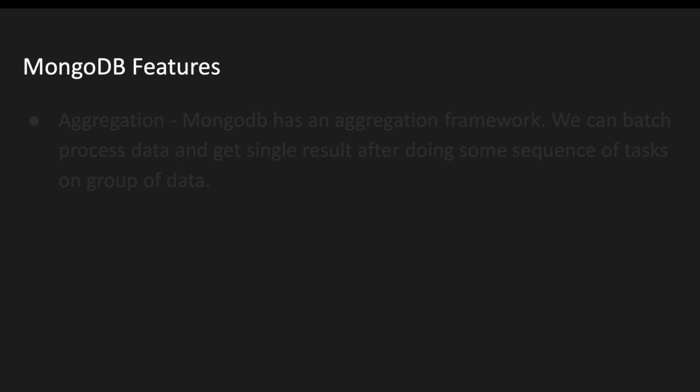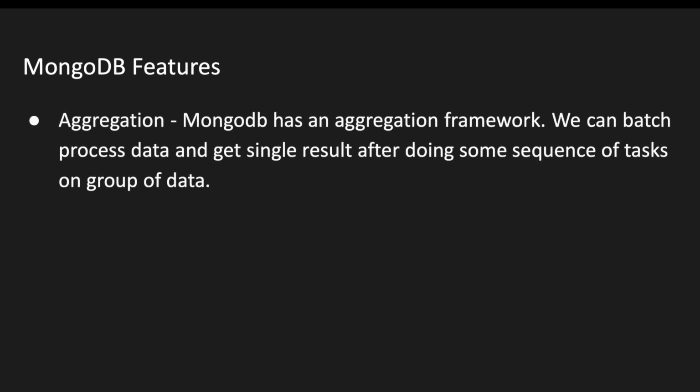So first is aggregation. It is a big and very useful concept. When we want to perform some complex operation or a group of operations on data, then this framework is very useful. MongoDB has an aggregation framework. We can batch process data and get a single result after doing some sequence of tasks on a group of data.